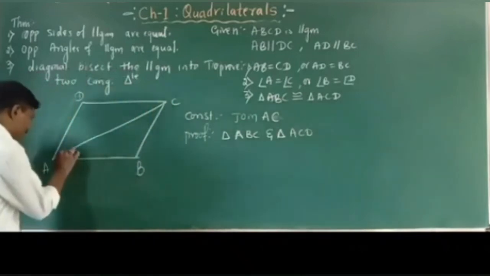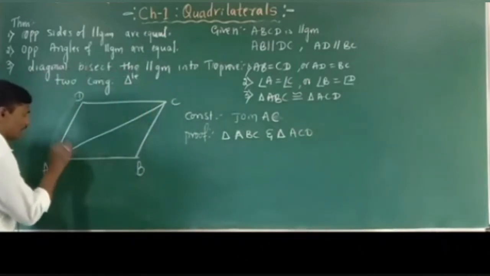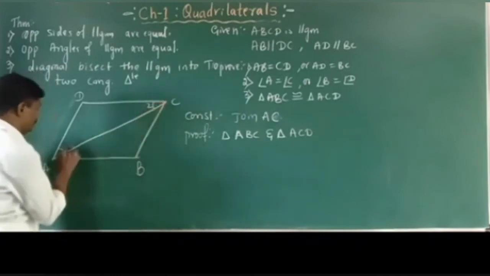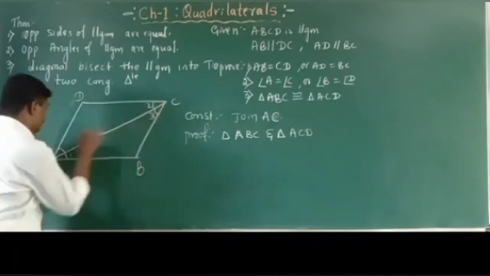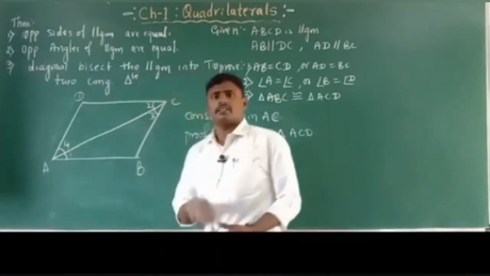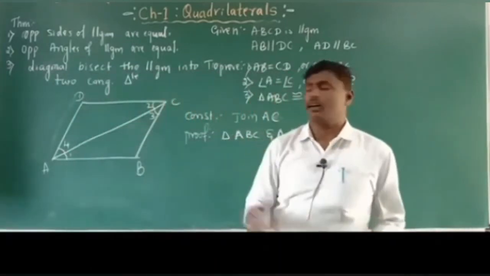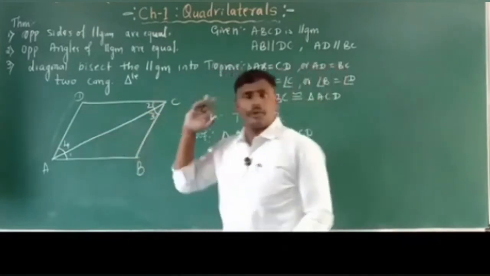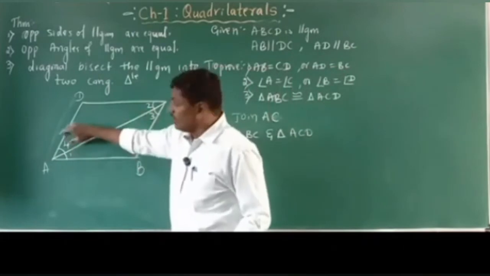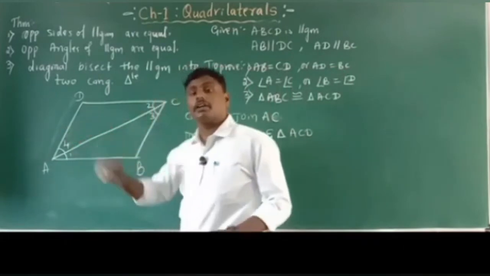In that we are taking angle 1, this one is angle 2, angle 3, and this is angle 4. Or you can also take X, Y, Z, A, or M, N, O, P. It is just our notation for the particular angles.